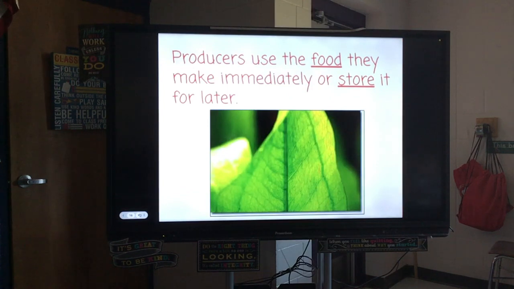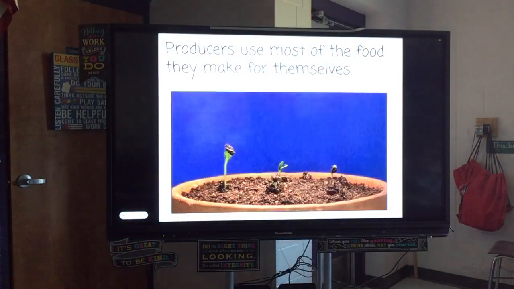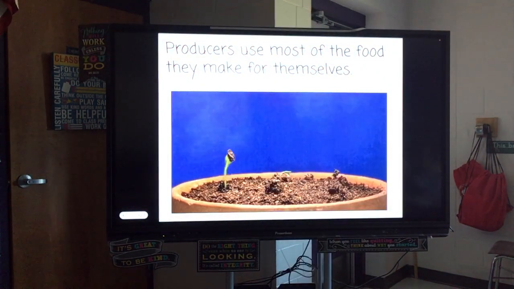Producers use the food they make immediately or store it for later. Producers use most of the food they make for themselves.